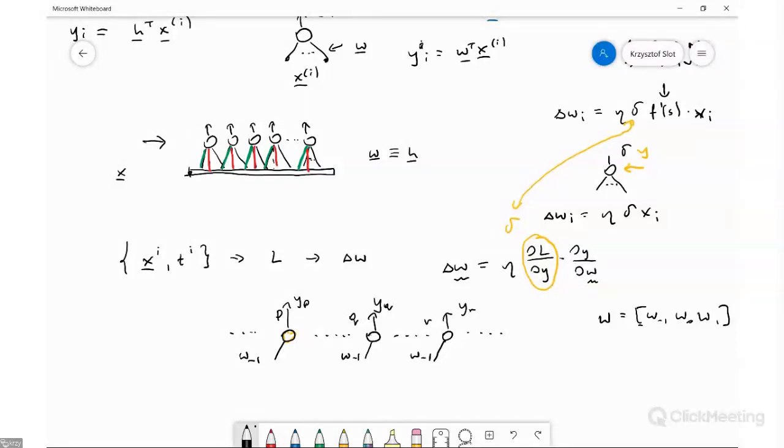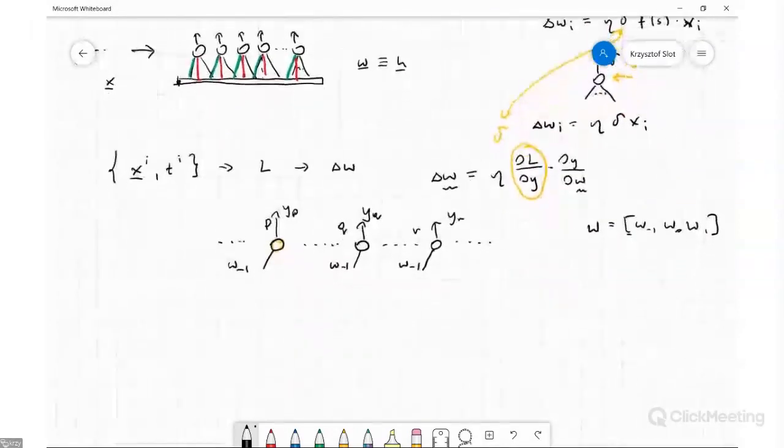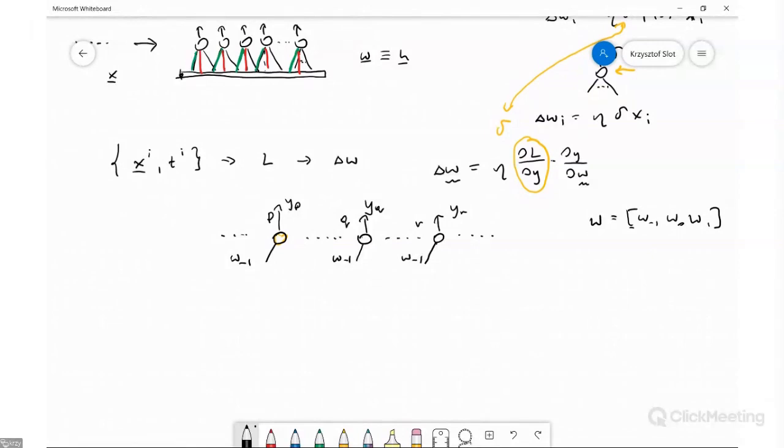It's not like in a multiple layer perceptron where every neuron was an individual. Now all neurons from this layer have the same weights. So I would like to find out what will be an update to this weight.